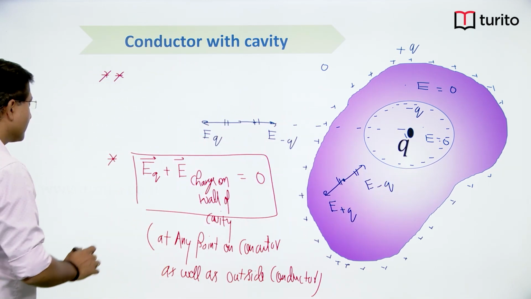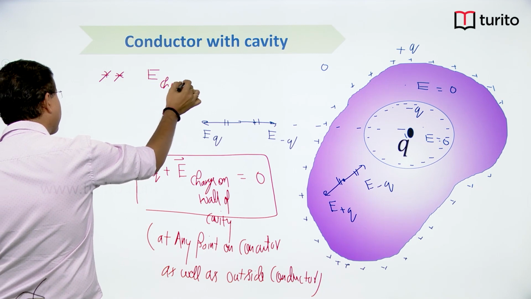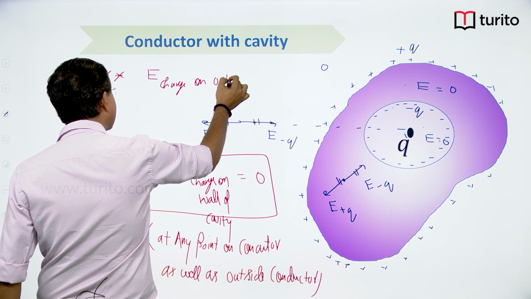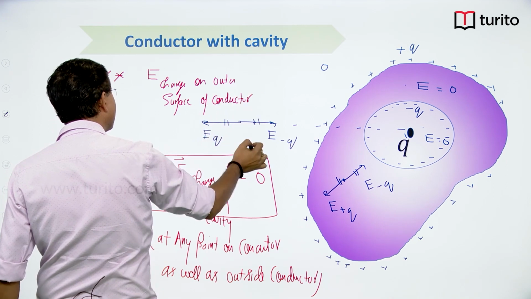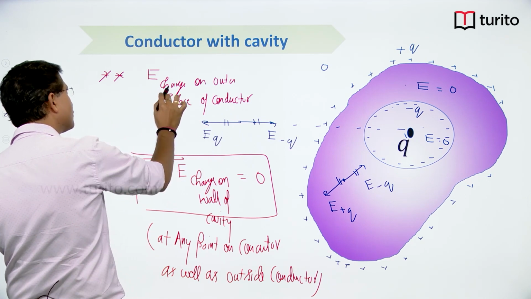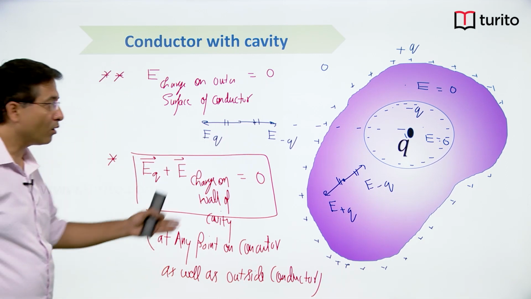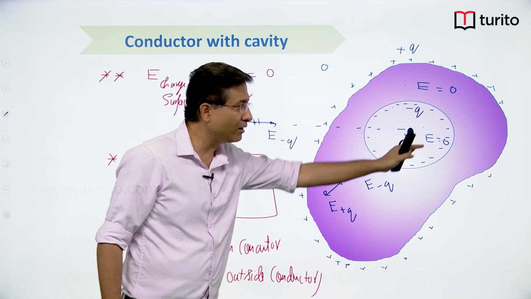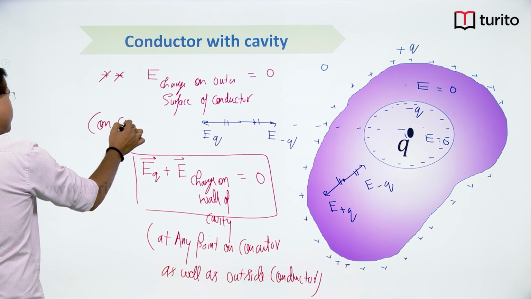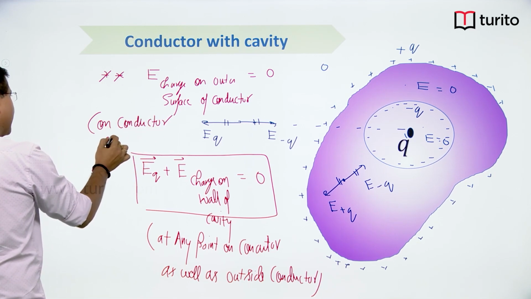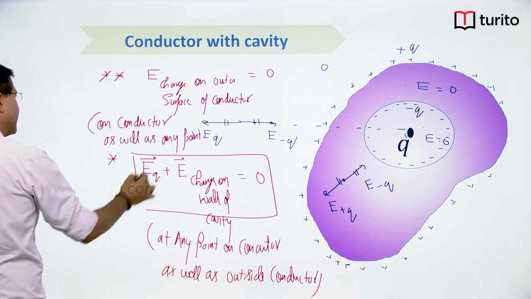In this situation, the electric field due to charge on the outer surface of the conductor is 0 on the conductor as well as at any point inside the cavity.